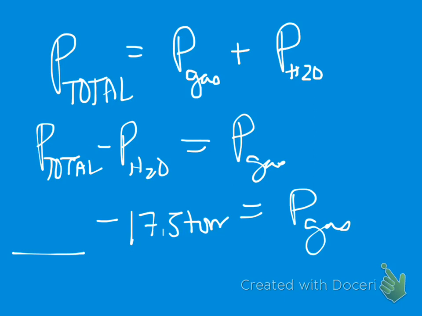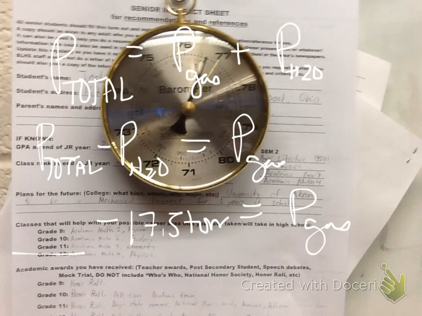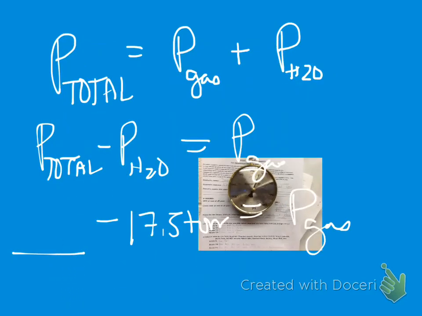So the pressure on the inside of the bottle must be equal to what? Atmospheric pressure. Where do we get atmospheric pressure? From our barometer. And today I would say it is at 766.5. 766.5 is our total pressure.